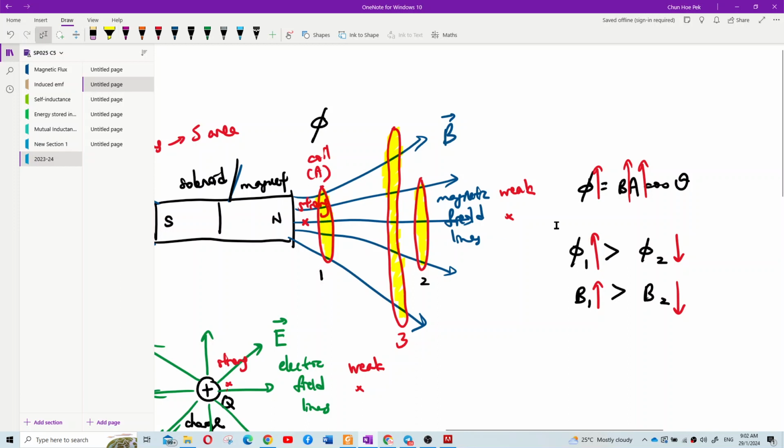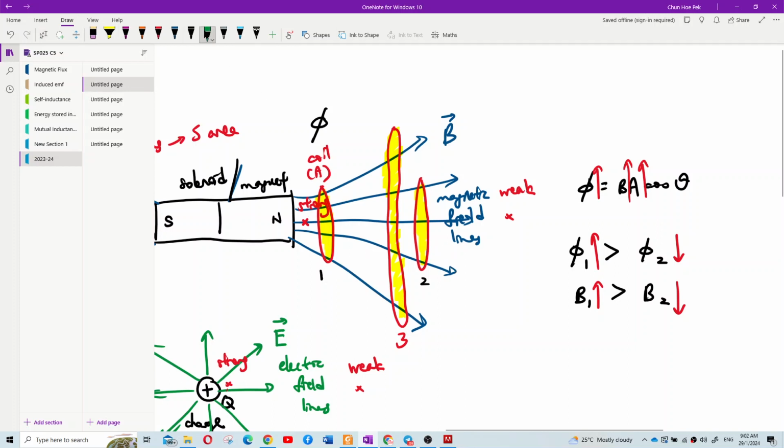Position 1 has more flux. Position 2 has less flux, because when you're further away from the magnet, it has a weak magnetic field, so less flux. When position 1 is nearer to the magnet, it has a strong magnetic field, so more flux. So how to generate electricity in this coil from 1 to 2?